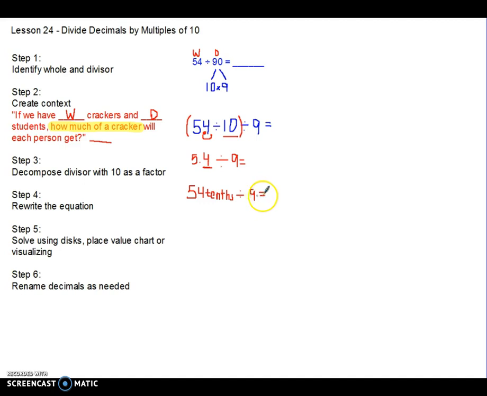Now I know that my label for my answer is going to be in tenths, because that is the only label that we have here, so I'm going to go ahead and record my label in tenths. And then I'm going to ask myself, I have 54 divided by 9, and I'm going to do that division, and I know that 54 divided by 9 is 6. So my answer is 6 tenths.